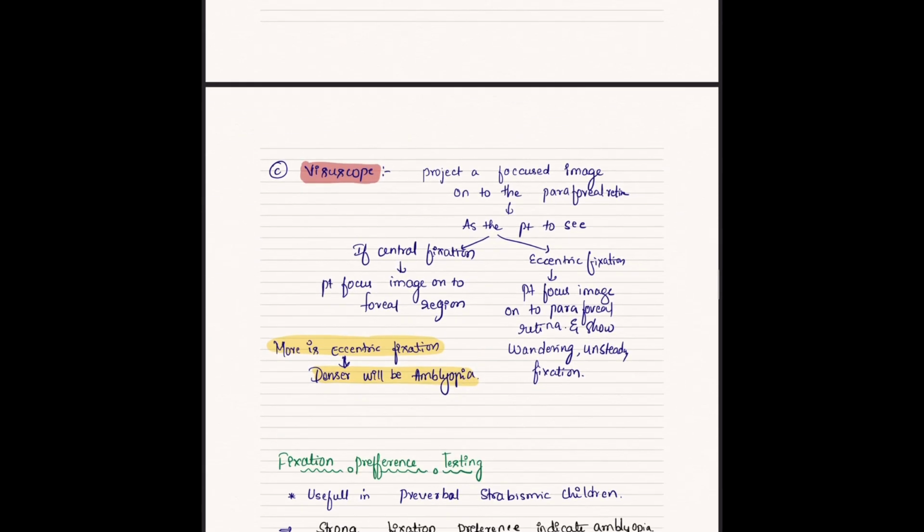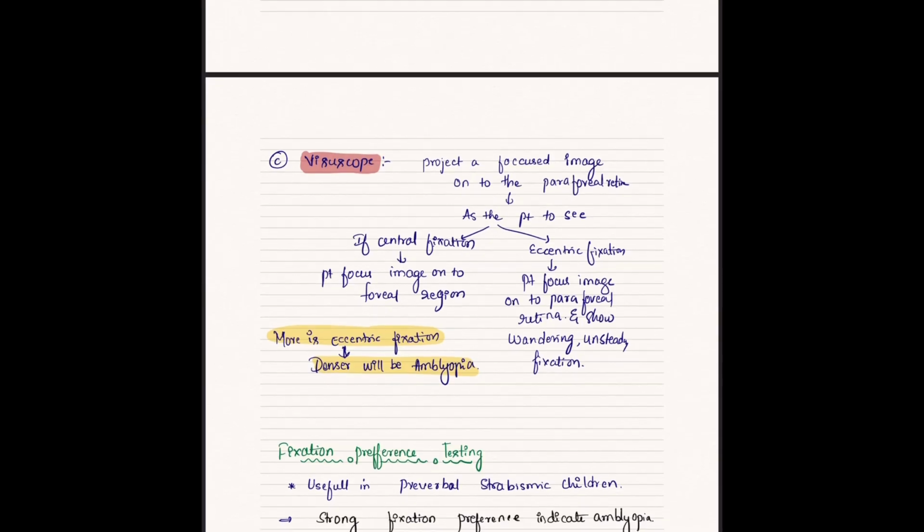And there is something called the visuoscope. Here, with that instrument, you project the light onto the parafoveal area and ask the patient to look at the light. Whenever he is using the fovea as the fixation point, he will be able to fixate that light onto the fovea. But if he is fixating through an eccentric area, you can see the light image falling onto the parafoveal area, or the patient will have difficulty finding the image.